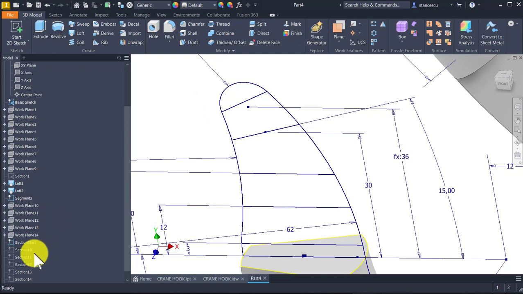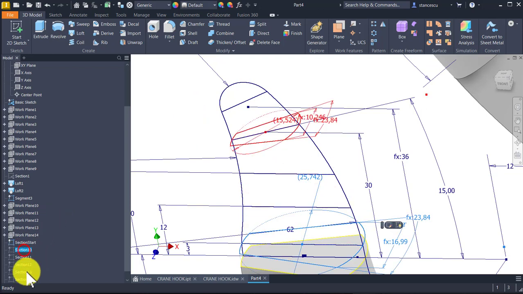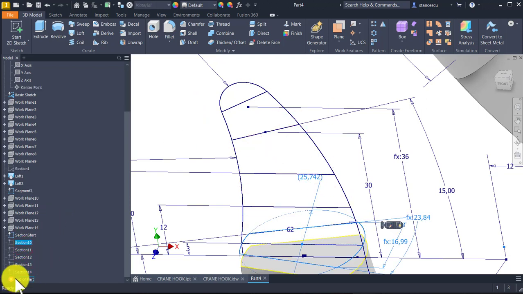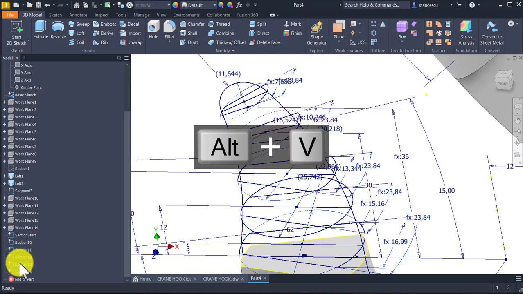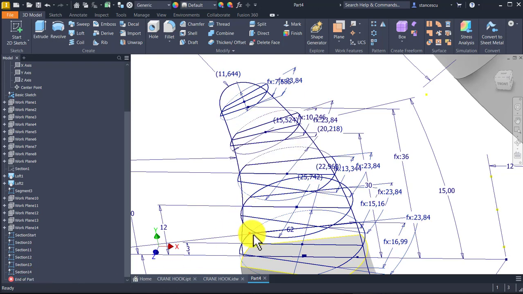Let's see how they are if I make them visible. Oh, there is a circle here. I didn't apply there. Which sketch is this?